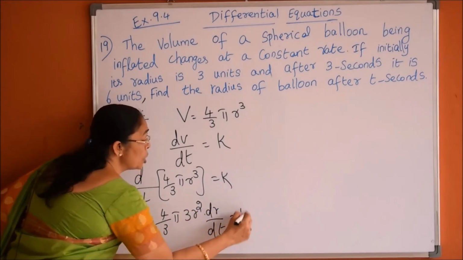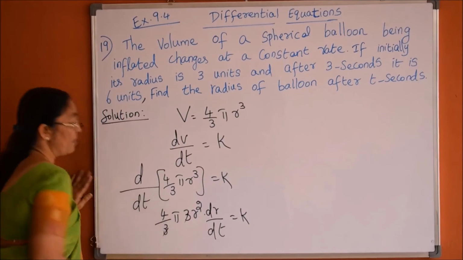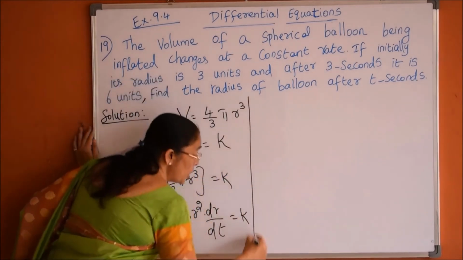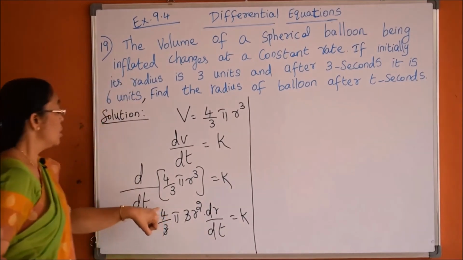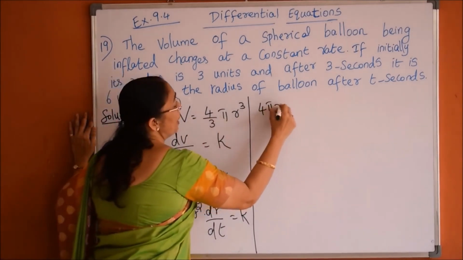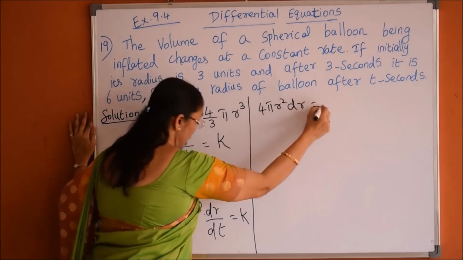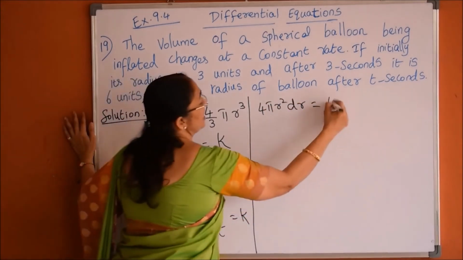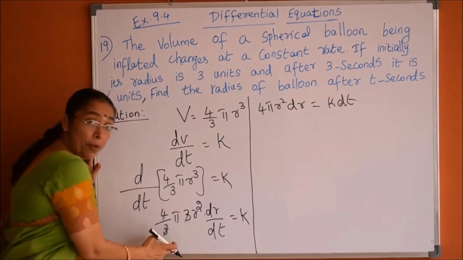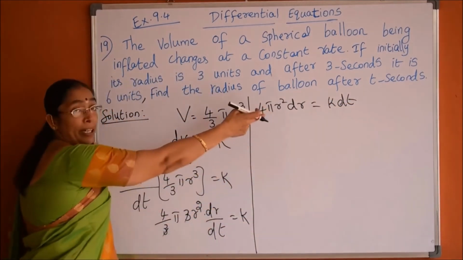This is equal to a constant. On simplification we get 4 pi r square dr equals k into dt, where we also separate the variables. So we formed the differential equation and separated the variables.